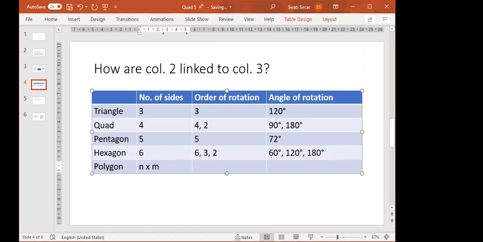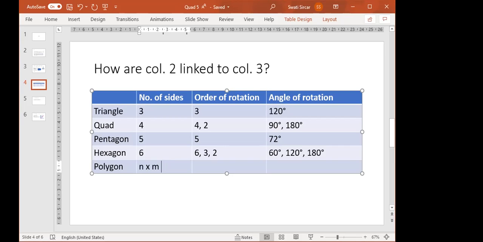Now you can partition the vertices into n groups of m, and you can rotate it like that, so that the first vertex moves to a1, a(m+1), a(2m+1), like that.